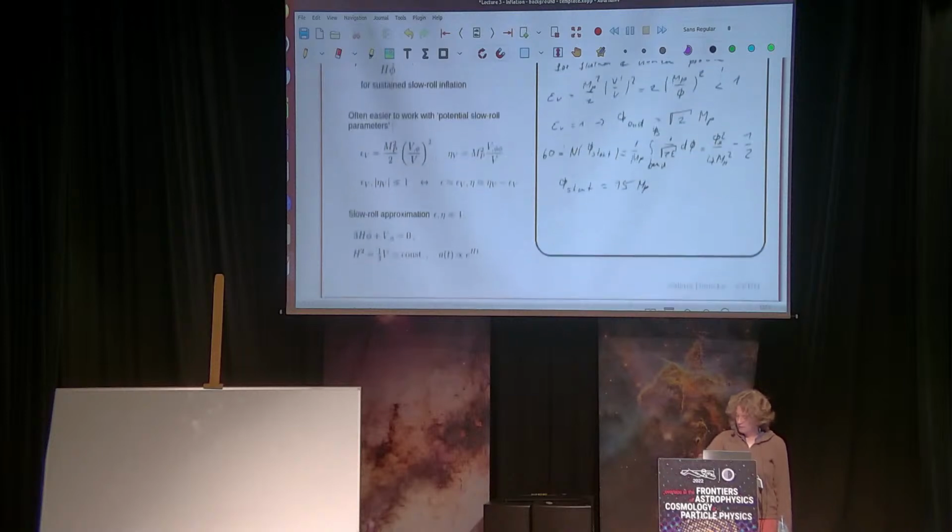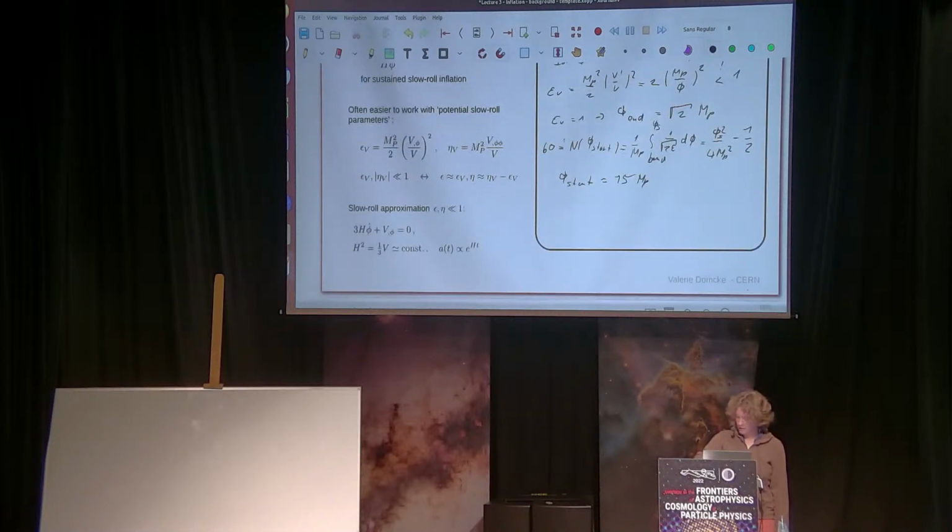So what does that mean? That means we have some m squared phi squared scalar potential, just like this. And we have some value phi end at square root of 2 m Planck, and some value phi start at 15 m Planck.